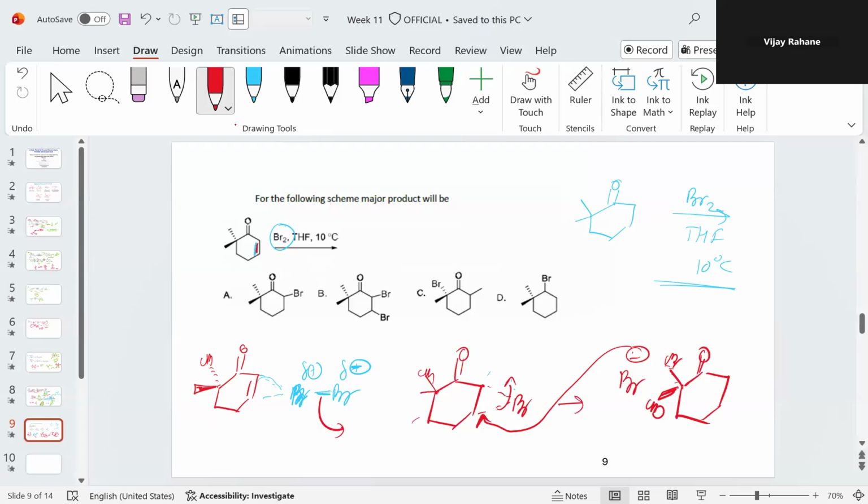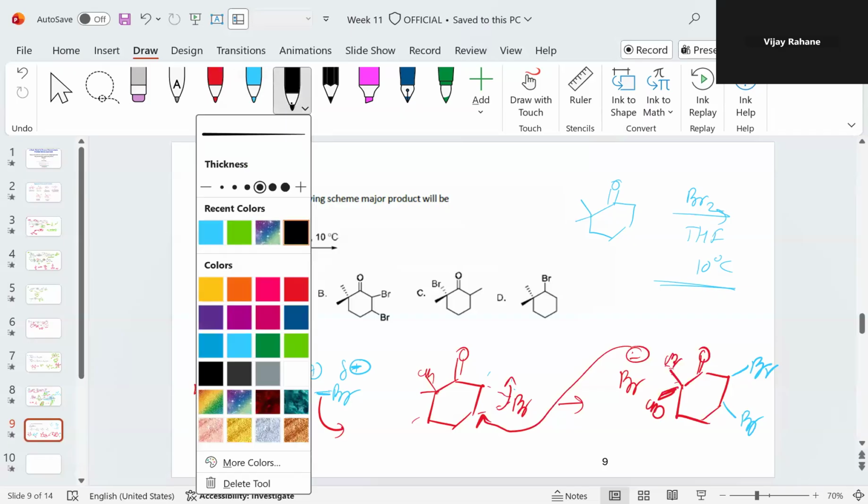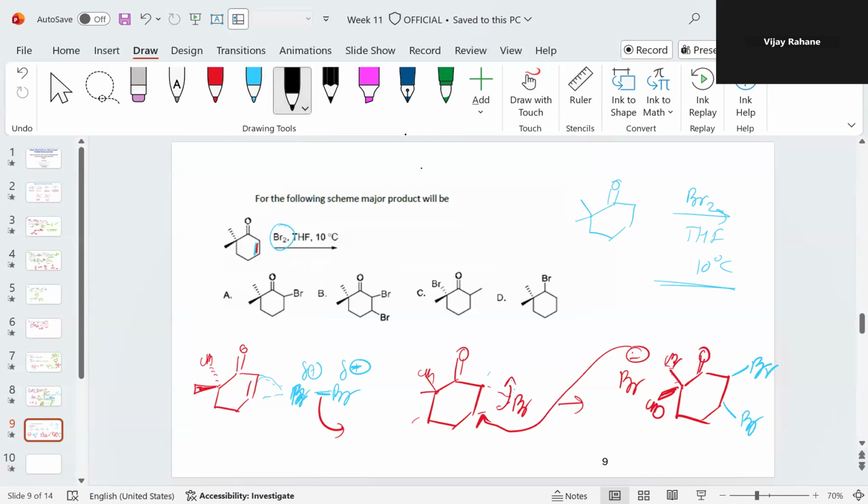The ketone remains there. One of the bromines will be attached here, another bromine will be here. If you look at the stereochemistry of these bromines, they should be anti to each other. So in this case, either this product is formed or the other possibility.